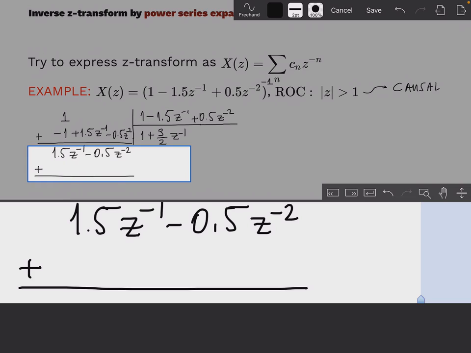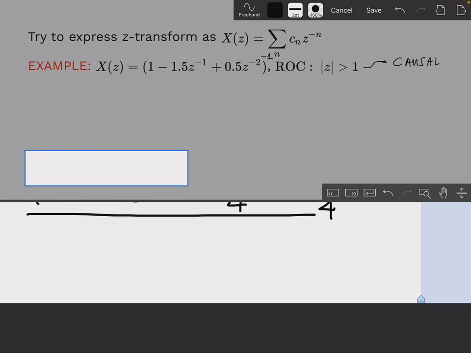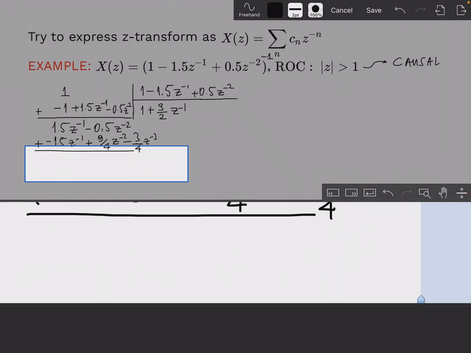so we are going to multiply this. So we're just going to add minus 1 over 5 z to the power minus 1 plus 9 over 4 z to the power minus 2 minus 3 over 4 z to the power minus 3, which will give us 7 over 4.